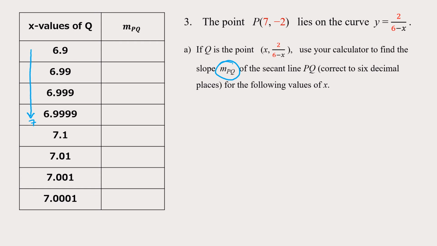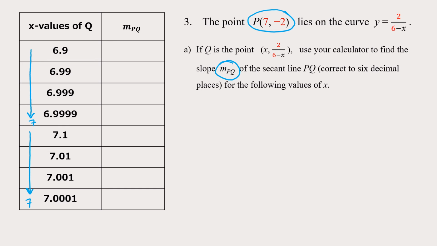And then if we look starting at the 7.1, we get closer and closer to x values that are 7, starting from values that are to the right of 7. So we're getting closer and closer to this point (7, -2).